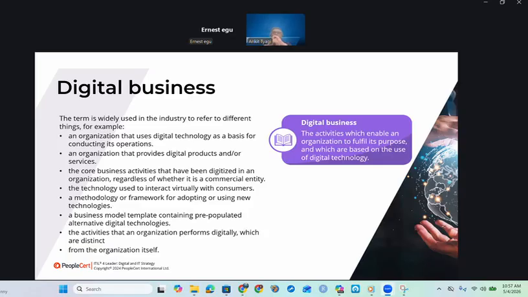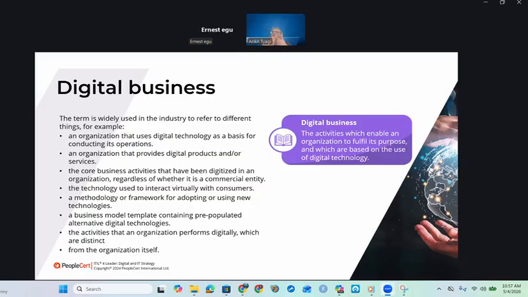I'll give you an example. McDonald's has a self-service kiosk, right? Which is, of course, a digital technology that they're using to support their core business activities. So if they've installed, let's say, self-service kiosks at all their outlets, that is when they can call themselves a digital business or a digital organization. On the other hand, there is Amazon, there is Uber, right?